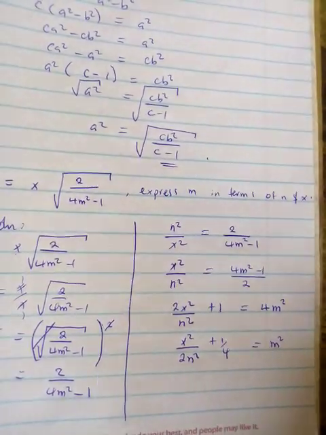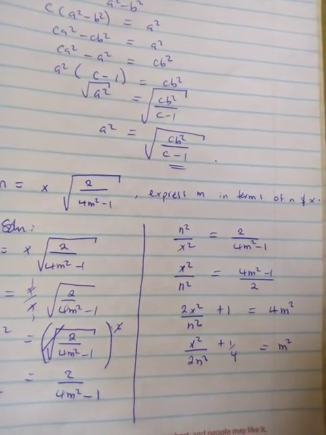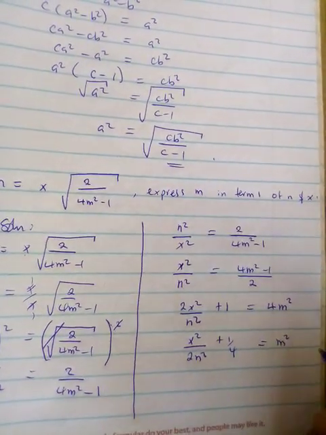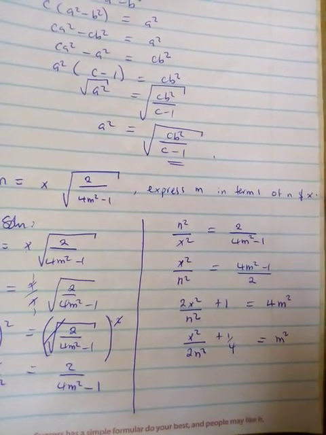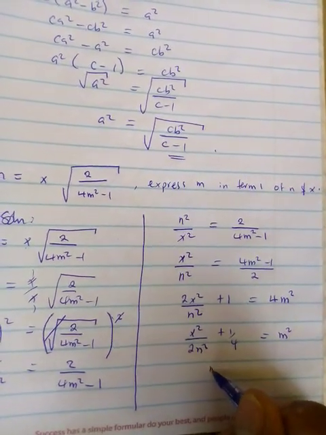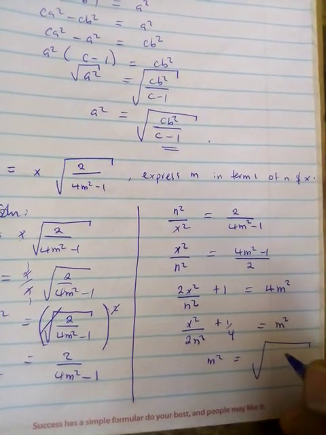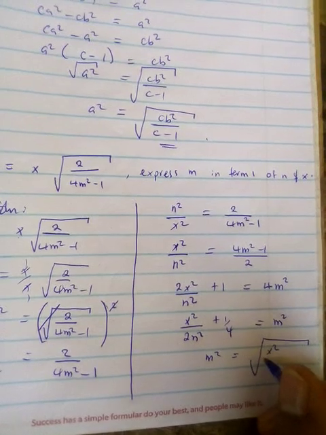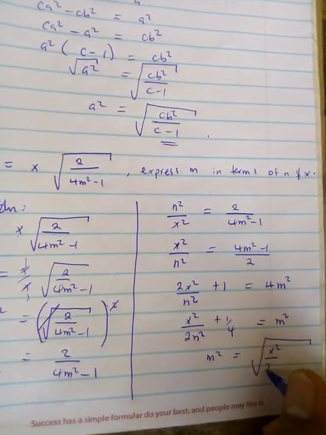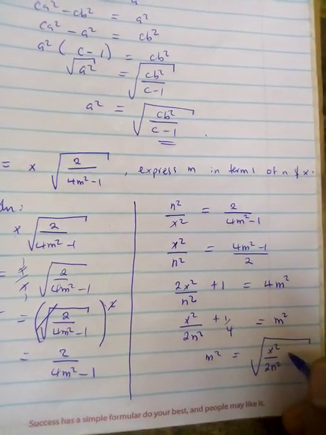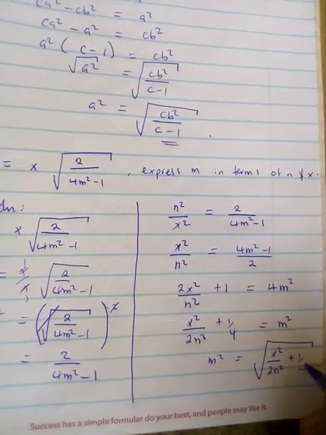I'm trying to use a shortcut so that people don't get bored. I want to remove the square. I take the square root, such that my m will equal the square root of x squared out of 2n squared, and then plus a quarter.